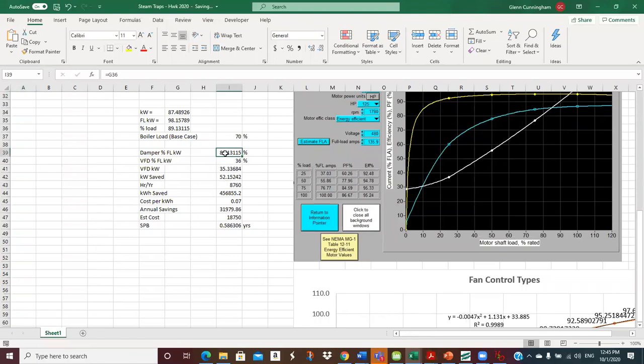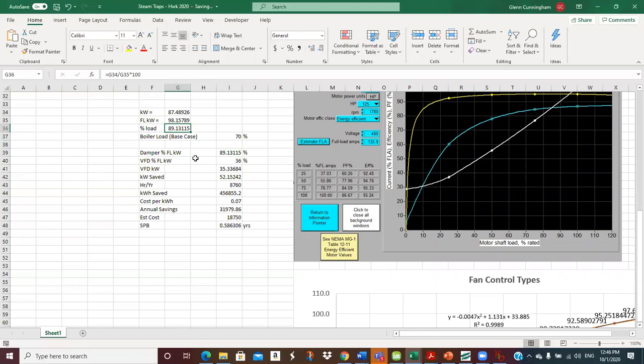Okay, so G36, damper. Let's see, what is this? This is G36. Percent load. Yeah, okay. So, well, what is it?